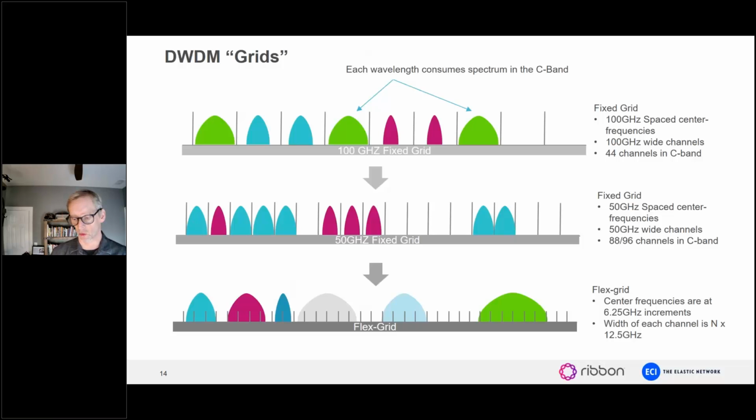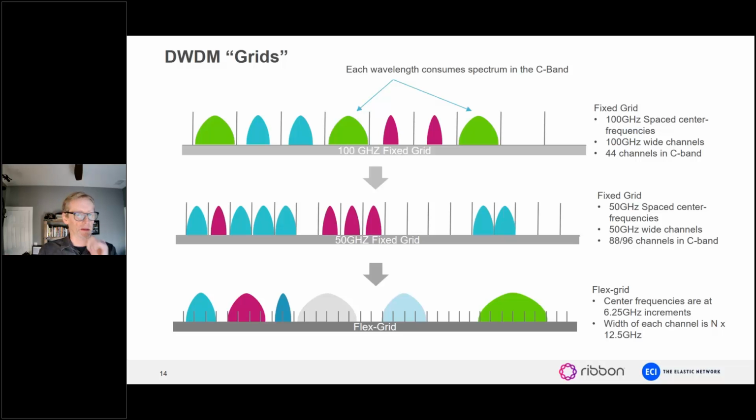Let's talk about the grid. I mentioned channel spacing on the last slide. This will help make a little bit more sense of that. Each wavelength consumes a certain amount of spectrum in what's called the 1550 nanometer window, sometimes called the C-band, which is a portion of that window. The early DWDM systems had a fixed frequency grid. These are not like TDM time slots. They're actually frequencies along the electromagnetic spectrum.